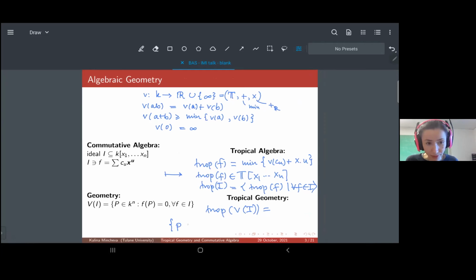Then I opened the parentheses and multiplied. And then, as I said, this is if and only if this without the 0 is in the ideal. And if I keep doing this, I end up with the last condition here. So this is what the product is.